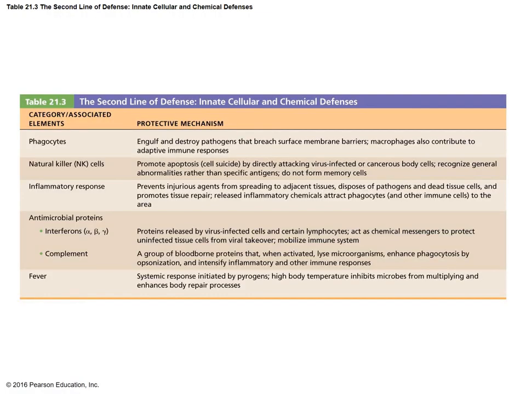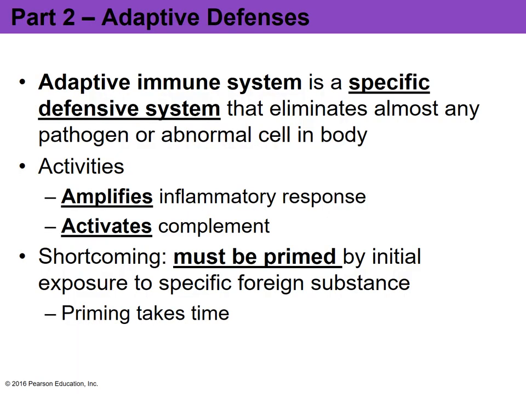So this table is showing the second line of defense. If something was able to penetrate, say, through the skin, now it has to deal with the second line of defense: the phagocytes, the inflammatory response, the fever, etc. And for all of these, it doesn't matter what the invader is, the response is going to be the same.